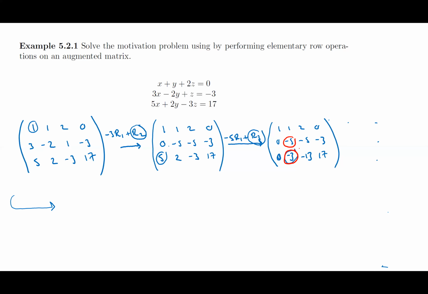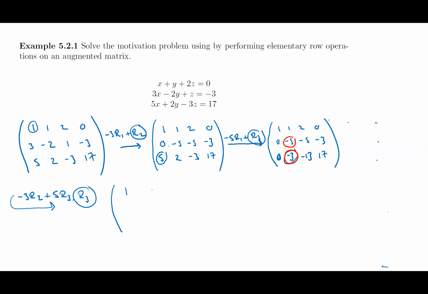So what I'm going to do is recognize that 15 is a common multiple. So we're going to do -3, right? I need opposite signs. So we're going to do -3 times row 2 plus 5 times row 3. And it's row 3 that's getting changed, okay?